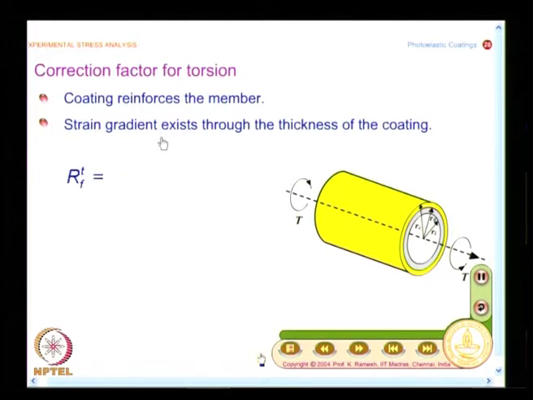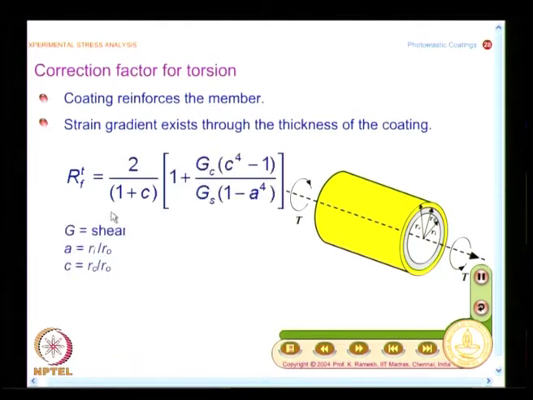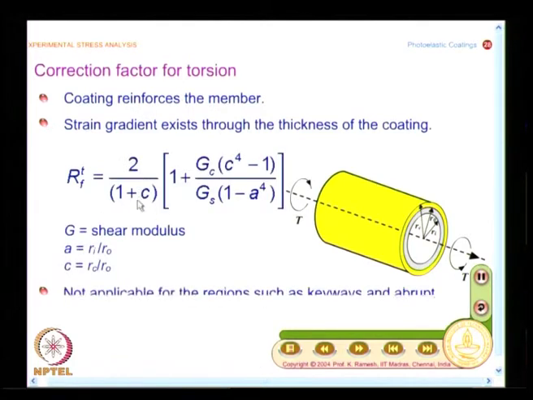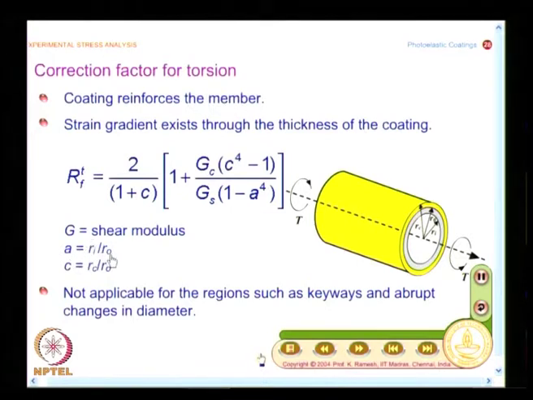Both in bending and torsion there is a strain variation, and we denote this as RFT, where T denotes torsion, and this takes a form like 2 by 1 plus C, where C you define as the ratio of the coating radius divided by the outer radius of the specimen, and A as the inner radius of the specimen divided by the outer radius of the specimen.